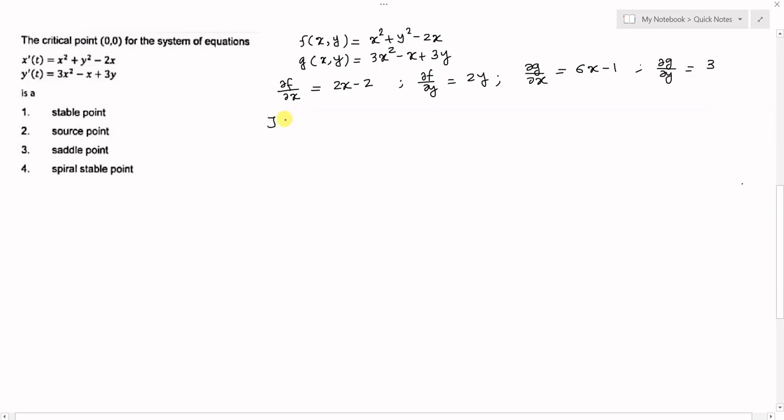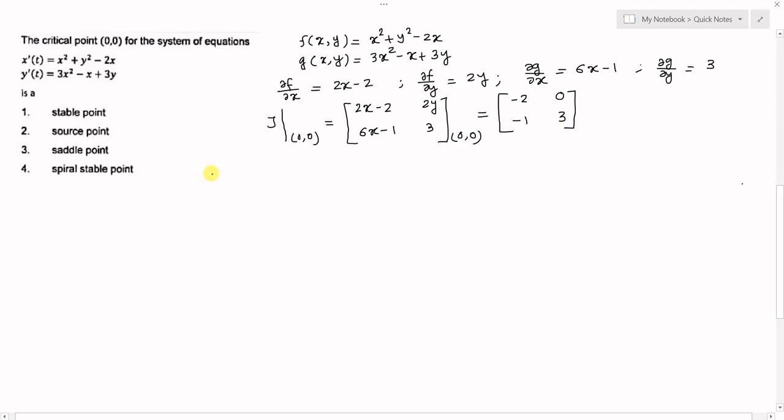Therefore, the Jacobian matrix evaluated at the critical point (0, 0) is ∂f/∂x, that is 2x − 2, ∂f/∂y meaning 2y, ∂g/∂x meaning 6x − 1, and ∂g/∂y is 3, evaluated at (0, 0), which is equal to the matrix −2, 0, −1, 3.